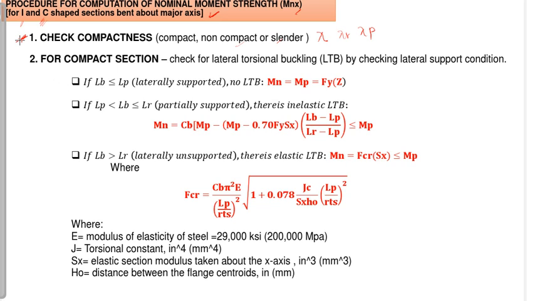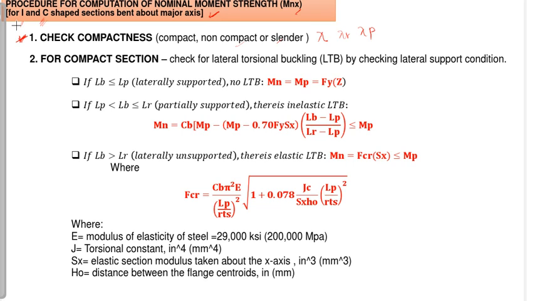Okay? So, sa first step, sa first procedure natin, ang sagot lang dapat natin is compact or non-compact. Okay? So, pag ang nakuha ninyo is slender, revise the section. You have to improve the section para hindi maging slender. Kasi nga, ayaw natin ng slender element.